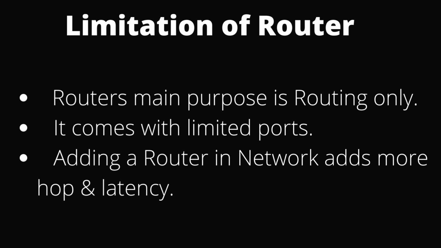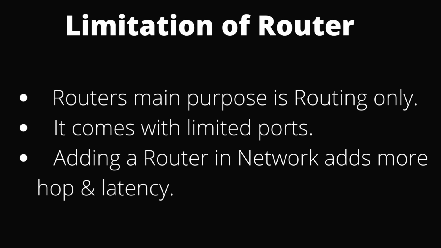So there are various products, various vendors who provide the routers, but it comes with limited ports. If you look at the Wi-Fi router, you have one WAN port and one LAN port. Only these two ports are used as a router. Other ports are L2 ports, right?